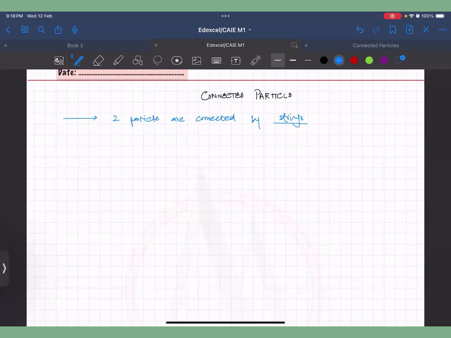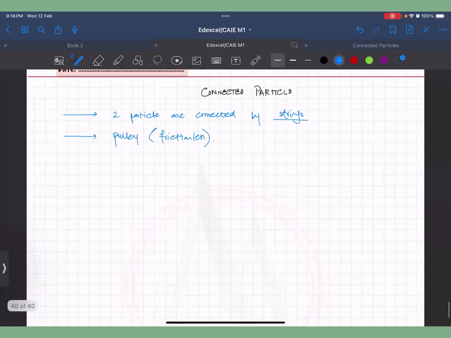So when two particles are connected using a string, you will also see pulleys, frictionless pulleys. For example, there's a pulley like this, a very basic example, and there is a string being wound around this pulley, a single string, and there's a particle over here and another particle over here.